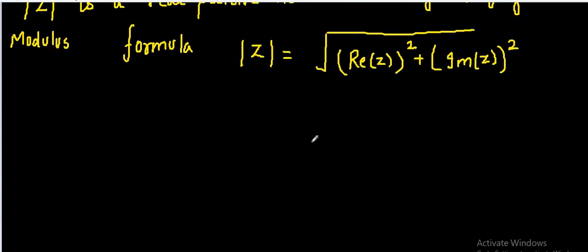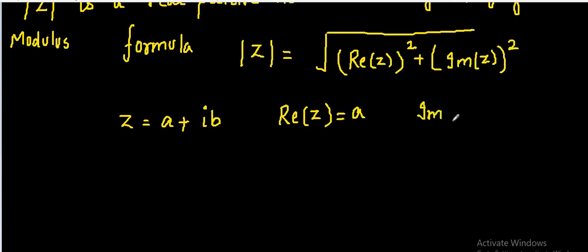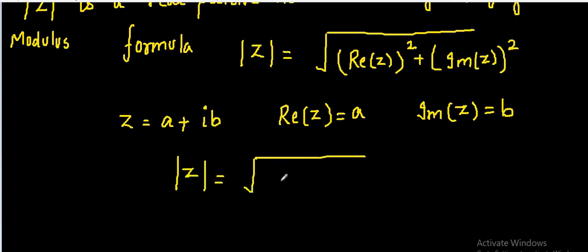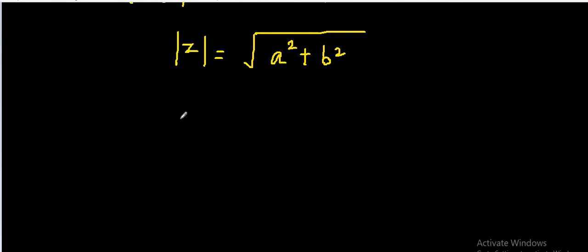So if z is a plus iota b, we know that real part of z is a, that is the part without iota, and imaginary part of z is b, that is the part with iota, and then modulus z will be square root of a square plus b square. So let's look at some other examples.